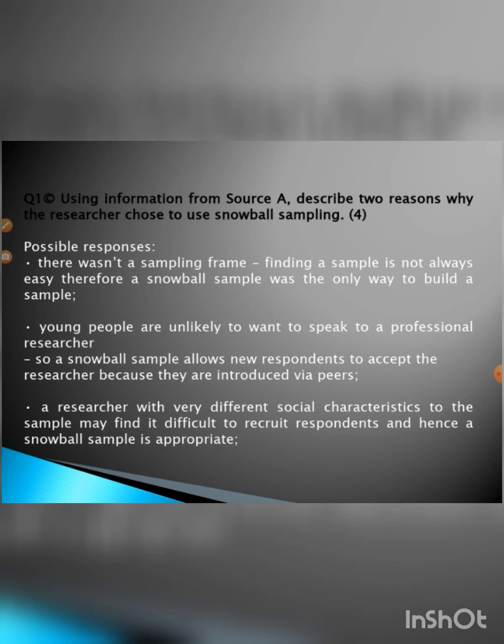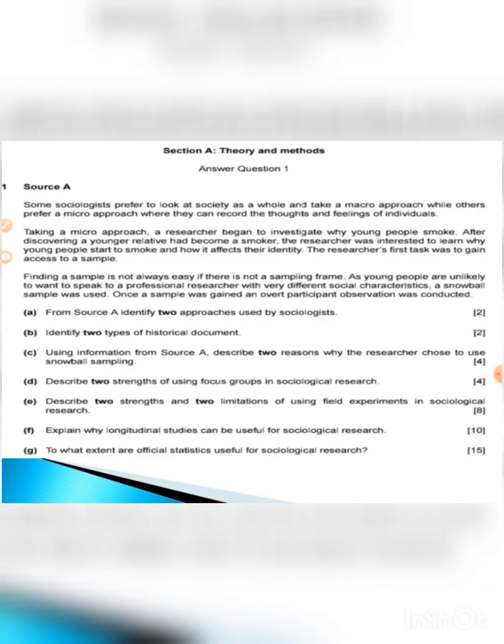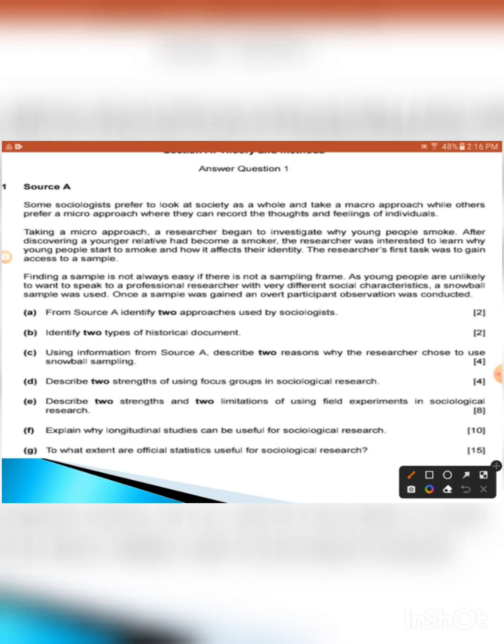This was mentioned in the source. Let me highlight it for you: finding a sample is not always easy if there is no sampling frame. From this line, you figured out that if you don't have a sampling frame, you cannot easily find the sample.